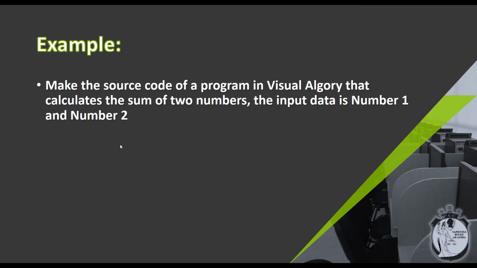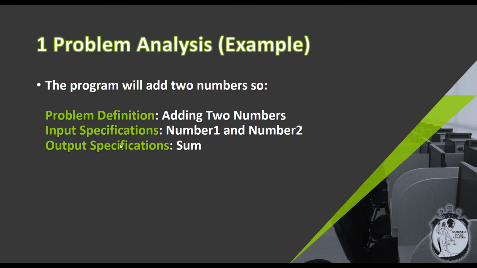Okay, now this is the instruction. Make the source code of a program in Visual Algory that calculates the sum of two numbers. The input data is number1 and number2. Using the steps: problem definition, adding two numbers.